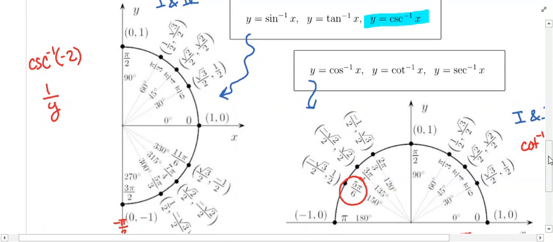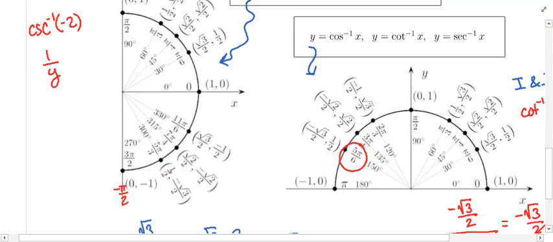Which angle gives 1 over the y coordinate equal to -2? It's this angle. If I do 1 over -1/2, that's 1 over 1 times -2 over 1, which gives me the -2 value that I need.